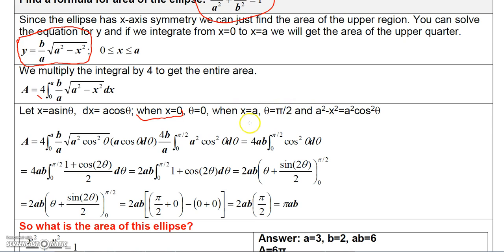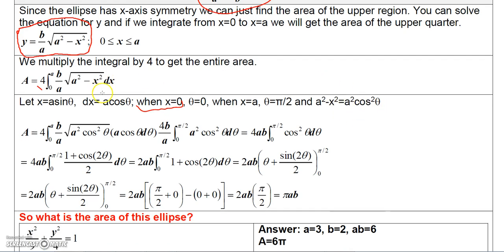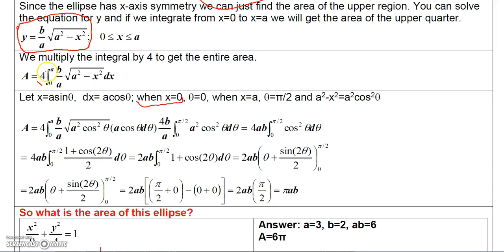Okay, so we needed to know that so that we would know what limits to change to since we changed variables. Okay, and then back to a squared minus x squared, we know that's going to equal a squared cosine squared theta. So now let's plug in what we know here. We can replace a squared minus x squared with a squared cosine squared theta, and we can replace dx with a cosine theta d theta.